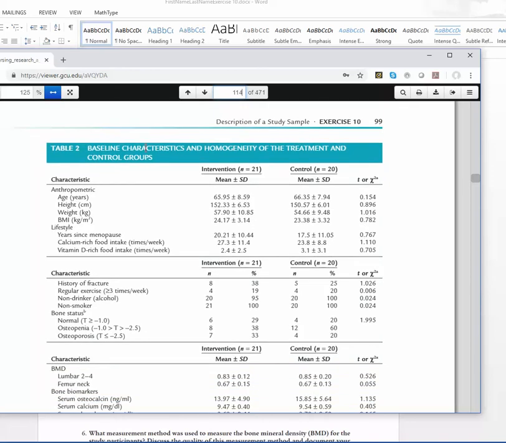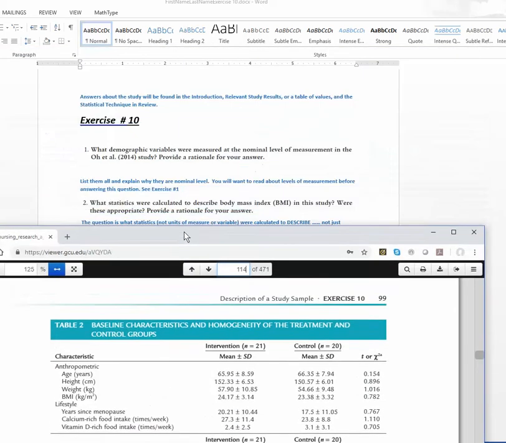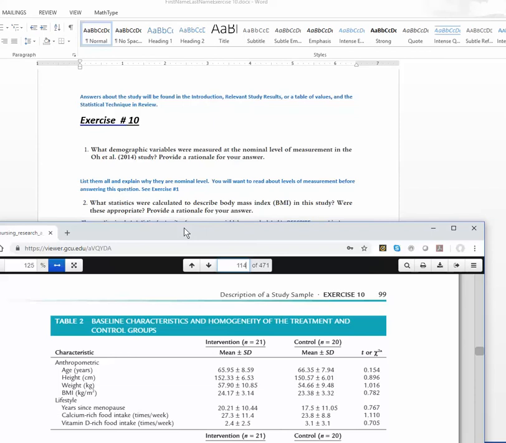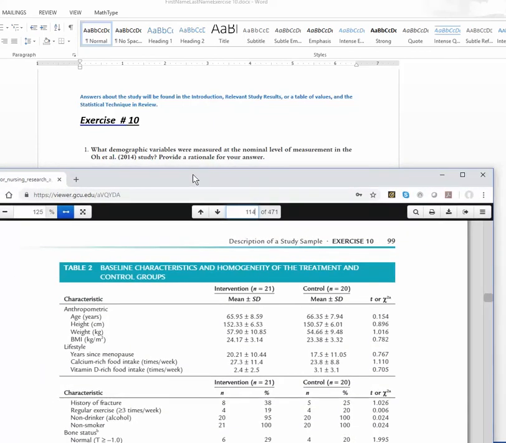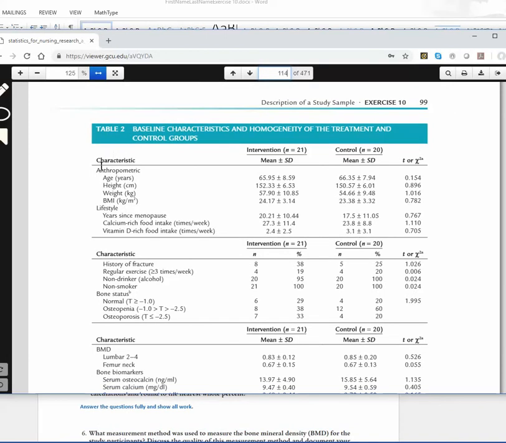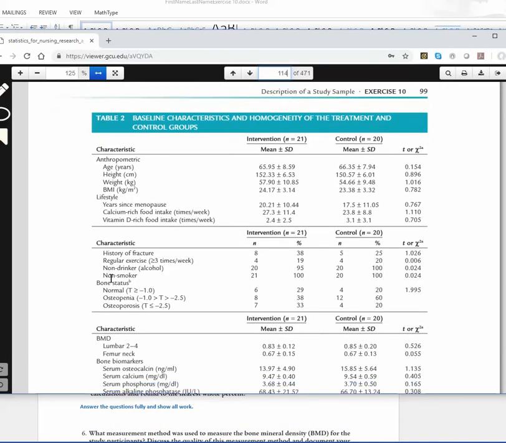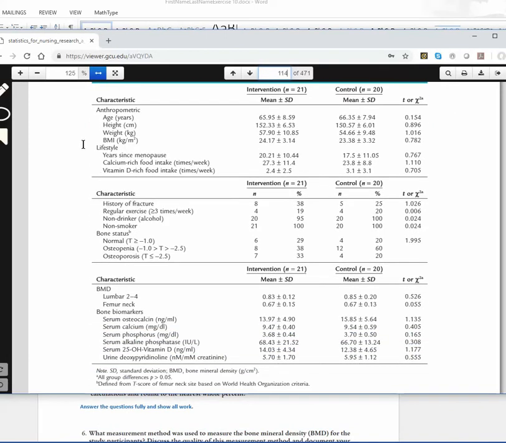Now, the question says, what demographic variables were measured at nominal level? So I'm looking down through all these different characteristics. Which ones are just characteristics? Which ones can only be counted? They can't be measured. There's no difference between two values. We can't find a mean.